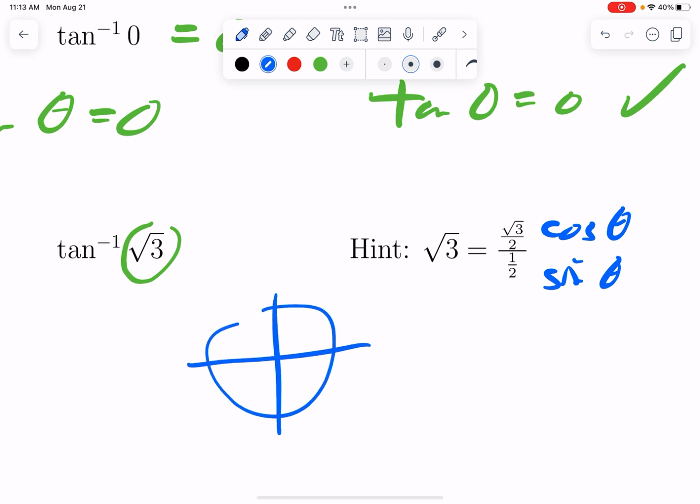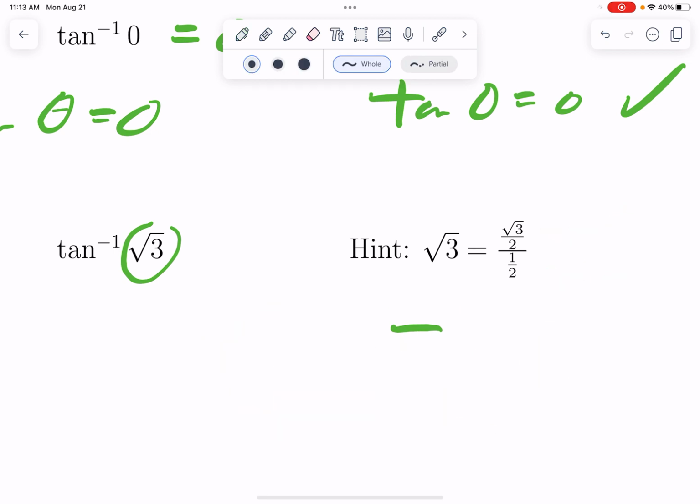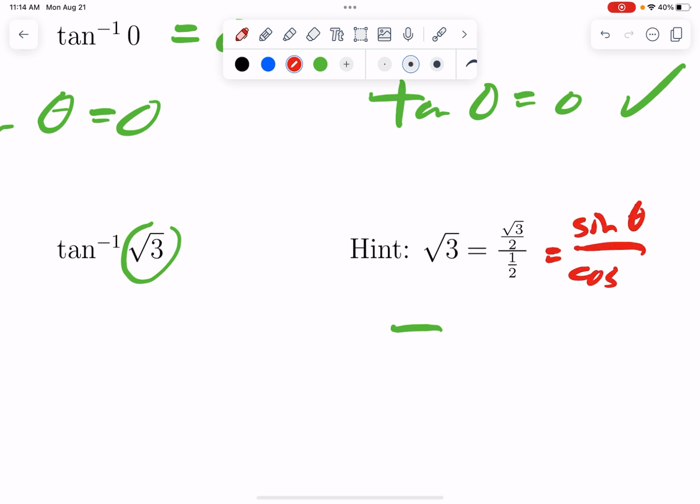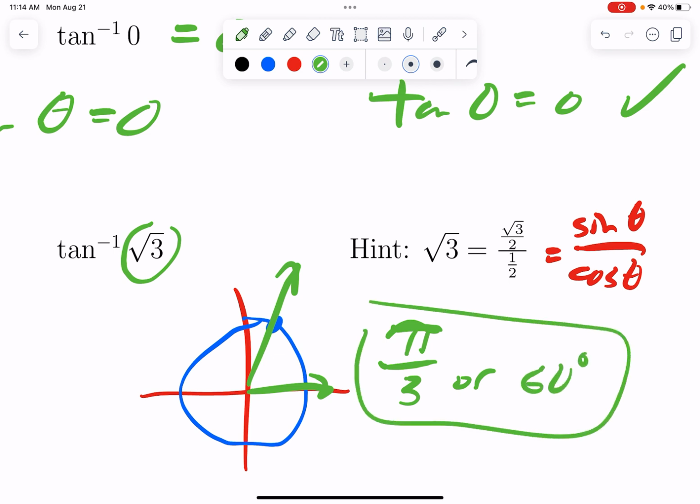Oh, yikes, sorry. Let's be careful. I am going crazy. Maybe you noticed something was wrong. Tangent, of course, is sine over cosine. So we want sine to be root 3 over 2 and cosine to be 1/2. That's this angle. Pi over 3 or 60 degrees. Sorry about that. I'm going too fast.